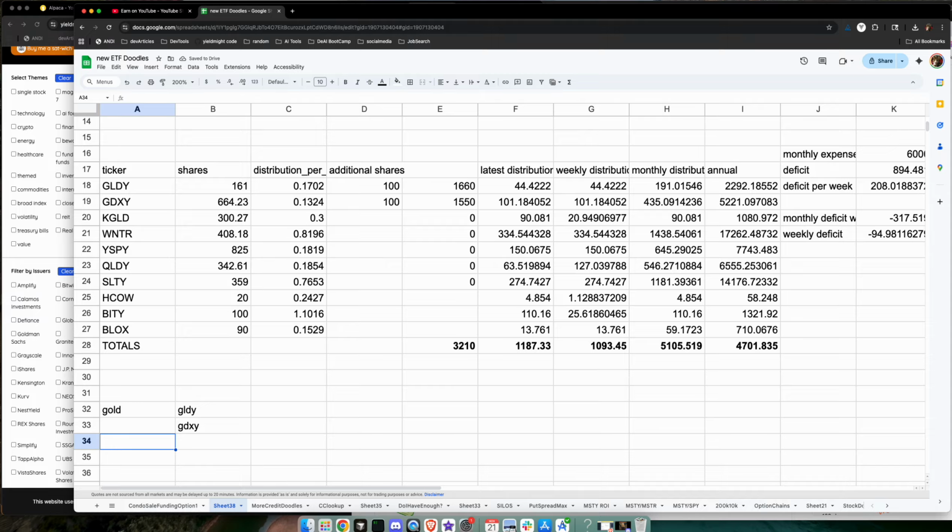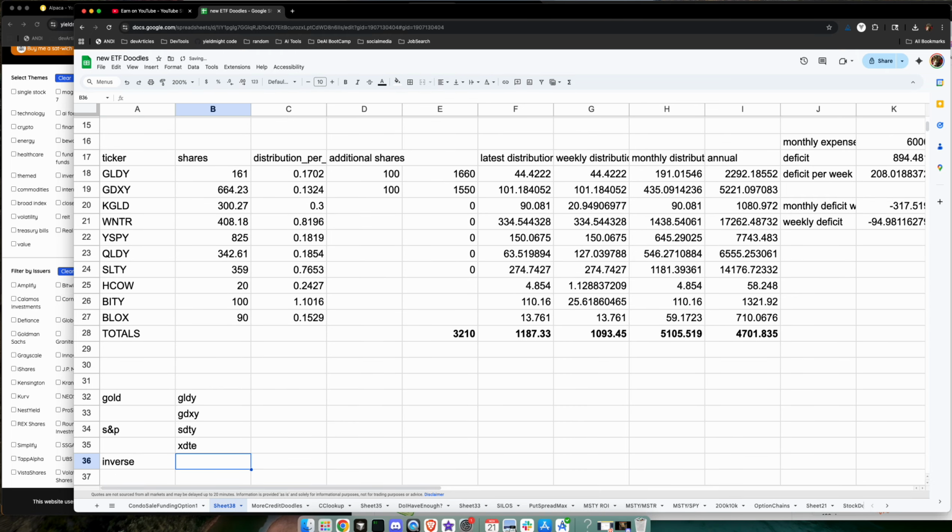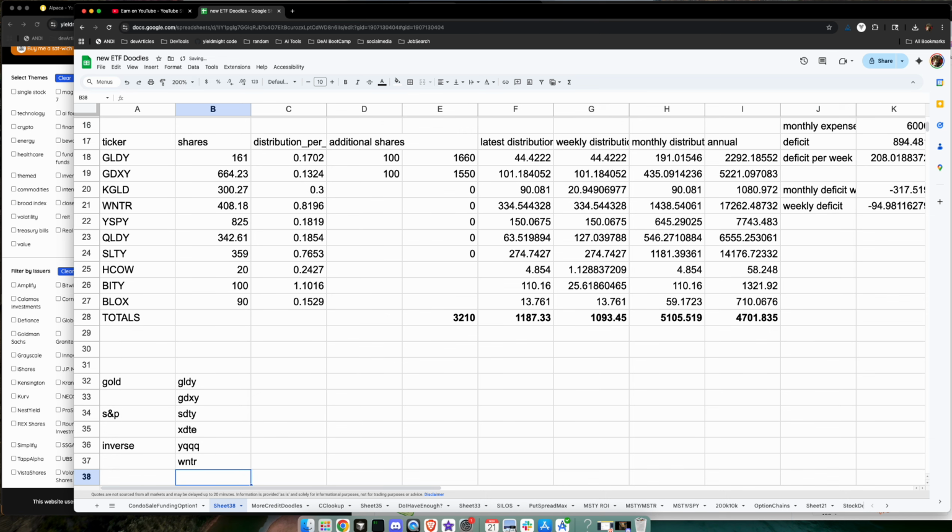And then S&P at 500, and that really should be SPY, but maybe it'll be SDTY and XDTE for now. And then we'll do inverse, and that will be YQQQ and winter. And yeah, that's about it.